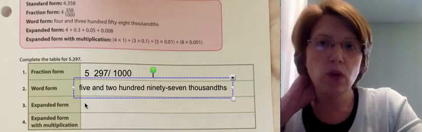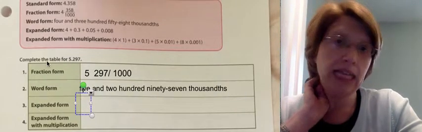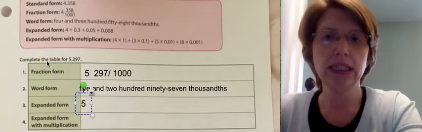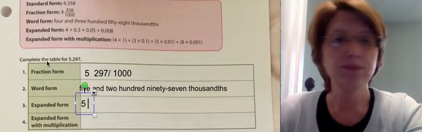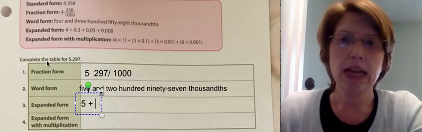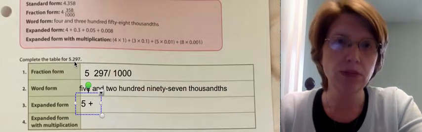Now, expanded form, remember we are breaking up the number. So 5 is just a whole number, so that's the place it's in. It's in the ones place, so we're going to start with 5. Plus, now we have to keep the 2 in the place where it is in relationship to the decimal.